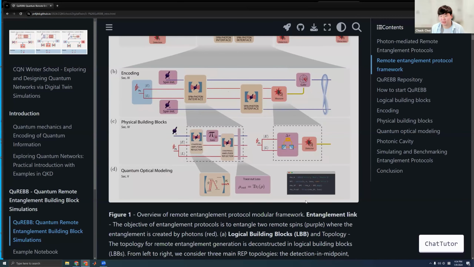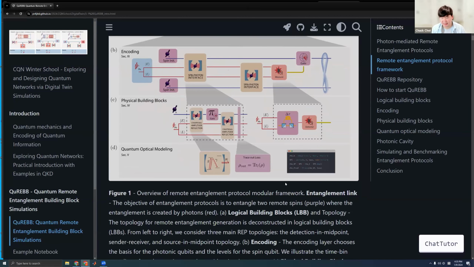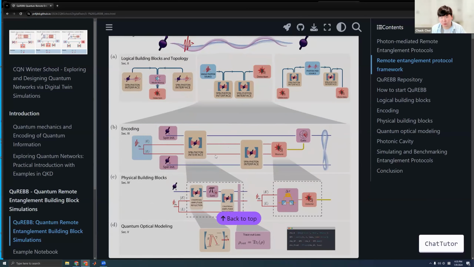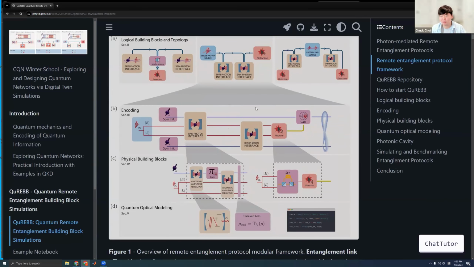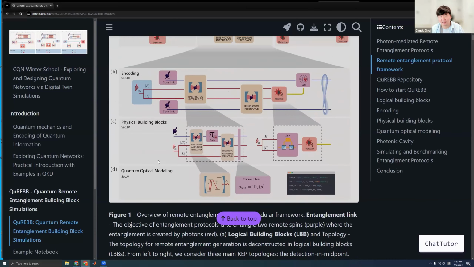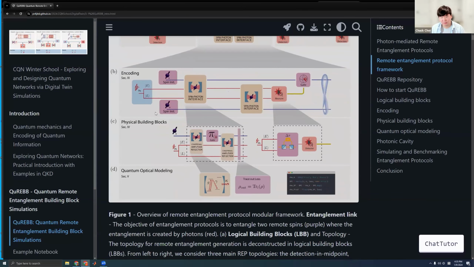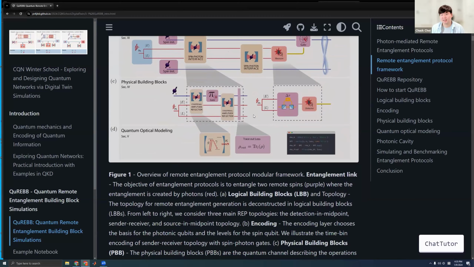And again, this full framework is supported by the Python package QREP. So we are going to go through this example notebook later, to see how this framework actually works. And this code is exactly reflecting this framework. If you want to code something at the logical building block level, you need to use the logical building block in the code. If you're actually using the encoding level, you need to use the encoding level blocks.